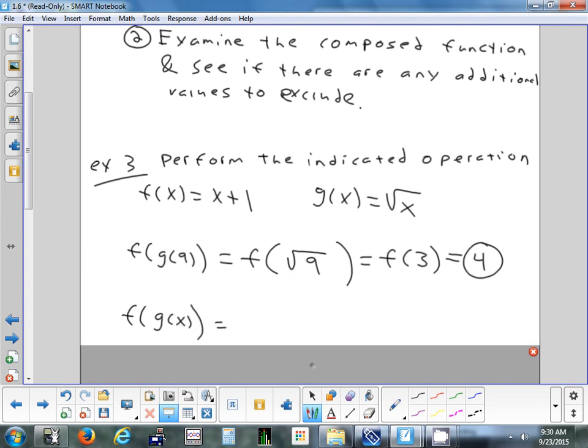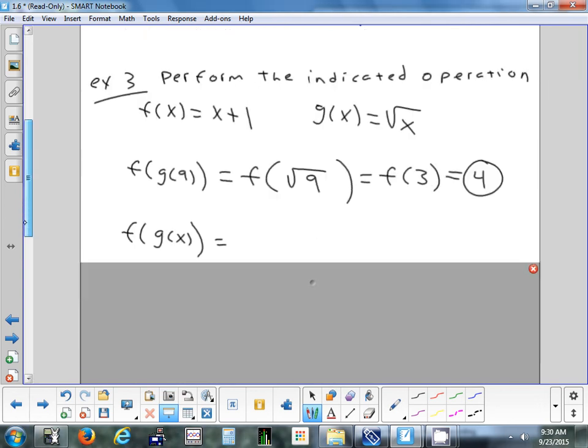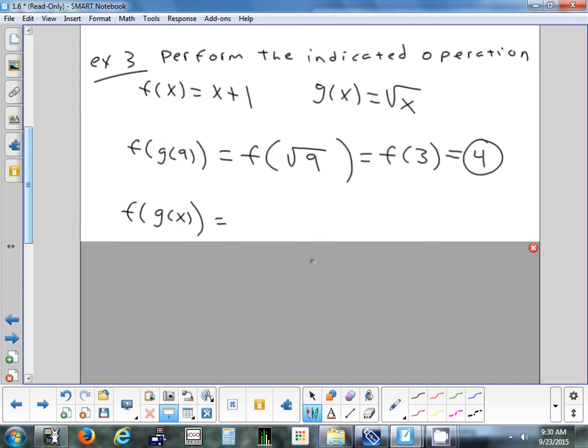Now let's try it with a letter. All right, so Cameron, what is g of x? Square root of x. Yep, it's the square root of x. Okay, so what I'm finding is f of the square root of x.